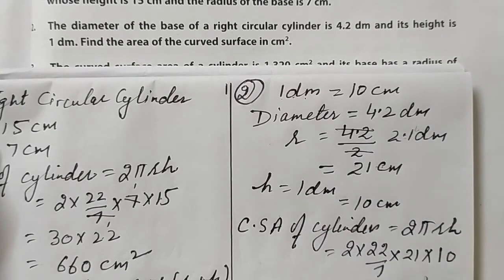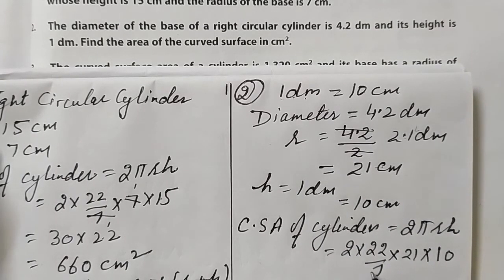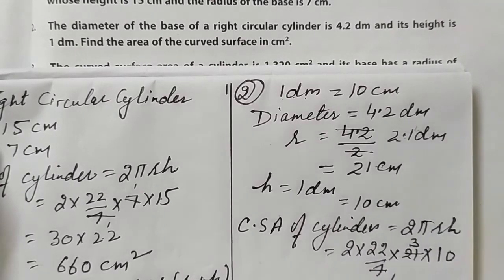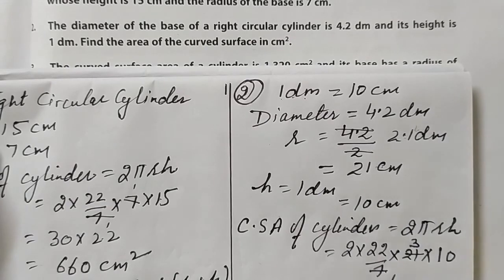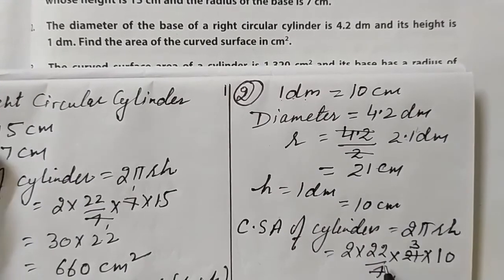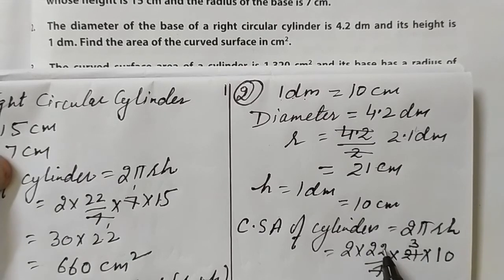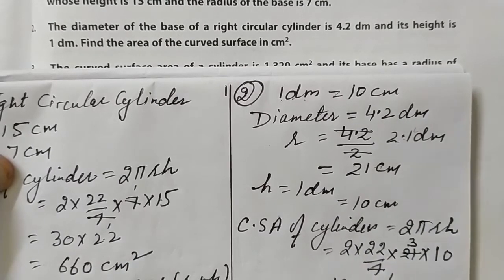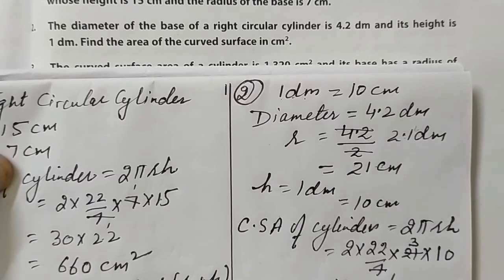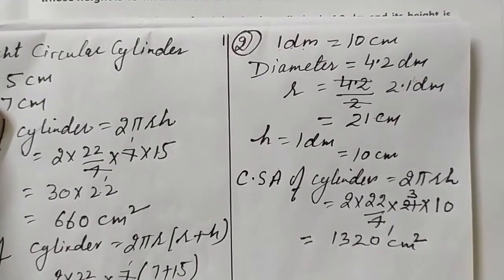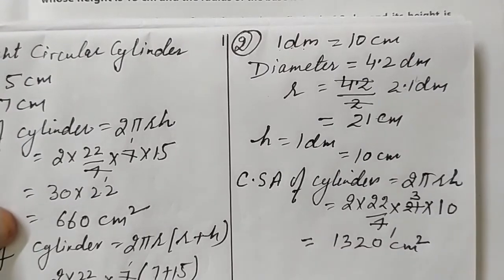So let's cancel these all now. 7 ones are 7, 7 threes are 21. So let's see what will be there in multiplication. 22 threes are 66, 66 twos are 132, and 1 zero is there. So you can multiply also, and sorry, it is 1320 centimeters square.